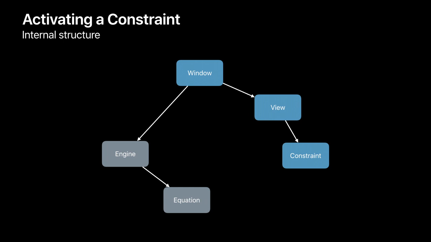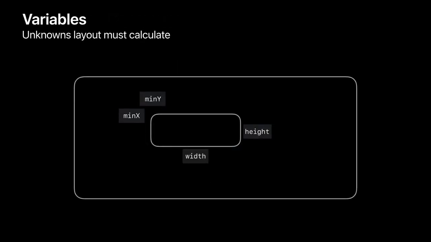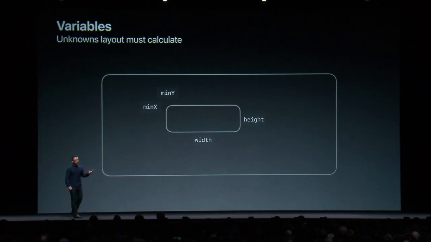The last object to understand in the diagram is that the equation is in terms of variables, where a variable is like, if I hand you an equation and I say solve for x, x is a variable. The things that we need to solve for, in this case, is the frame data of a view. So there will be 4 variables for every view, which is the min x, the min y, the width, and the height.